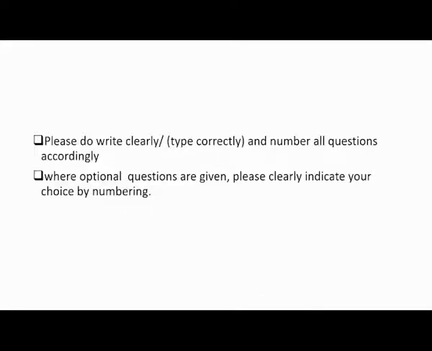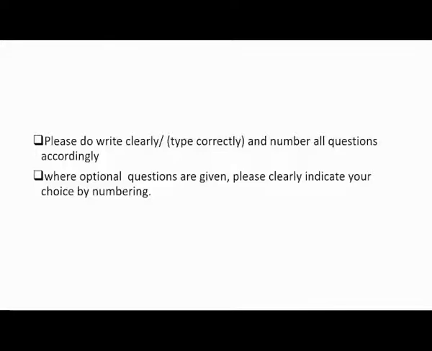All right, as we continue, we are going into some of the aspects that are associated with the examination. Please do write clearly in cases where you have to write, or type correctly if the assessment has to be done online, and number all the questions accordingly, whether it's examination or the assignment.